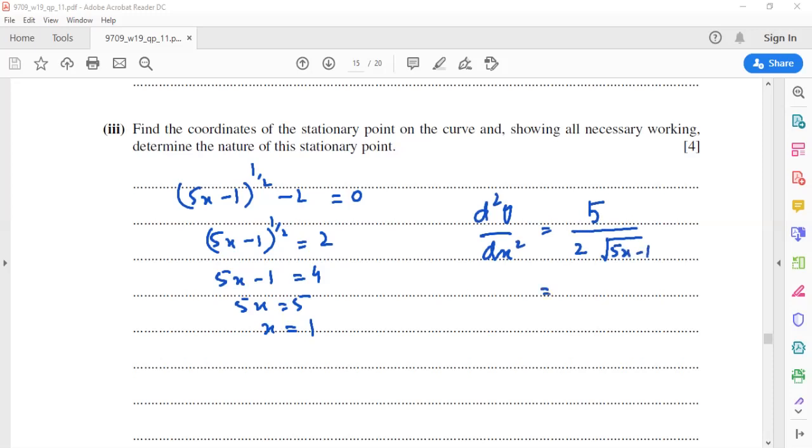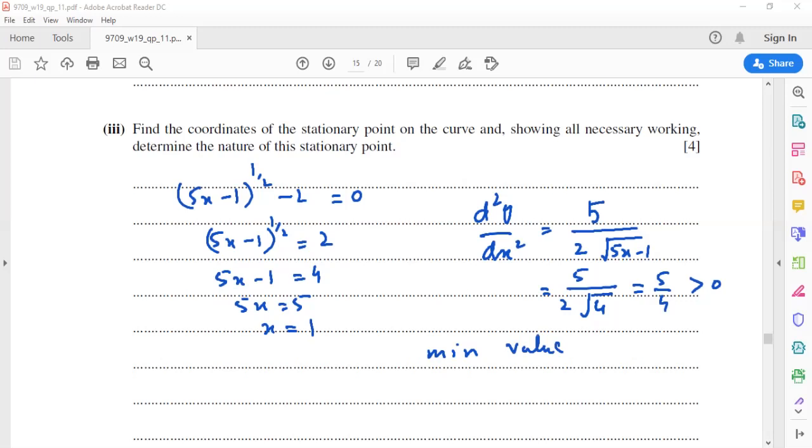Now if you place the value of x equal to 1 in this, it is sure that it's going to be a positive answer, which is 5 over 4, greater than 0. So it is a minimum value. So this was your question number 9.